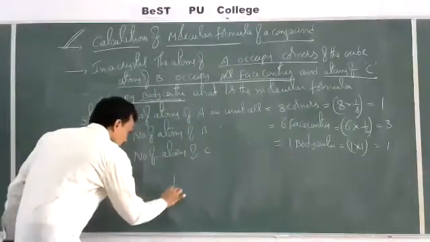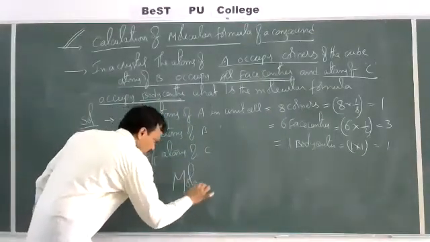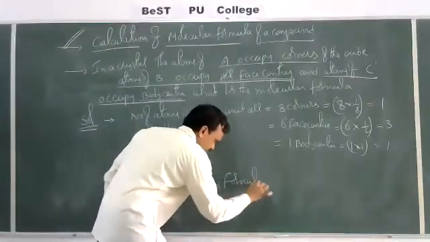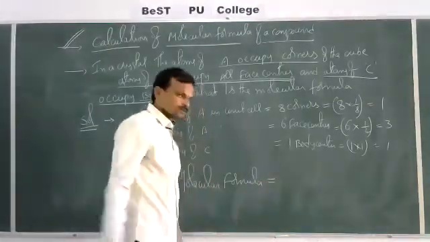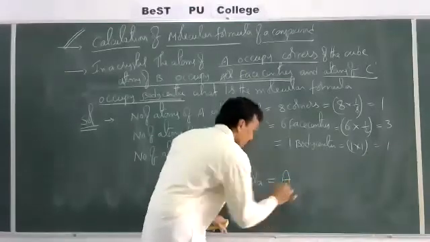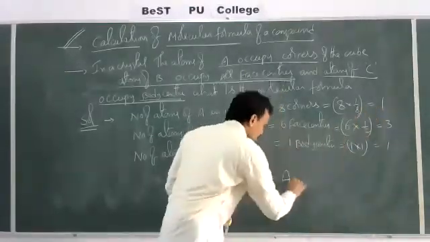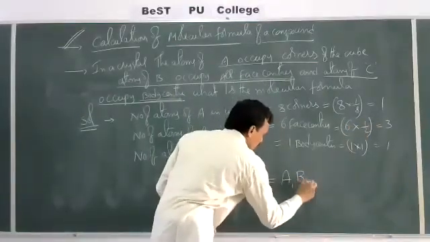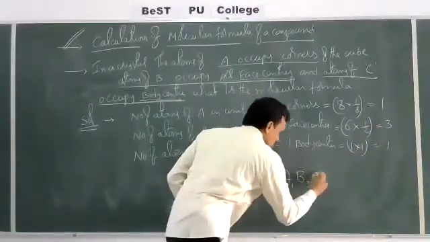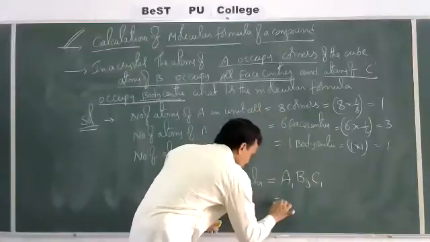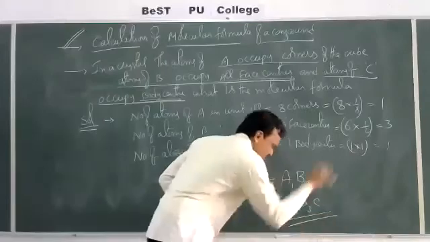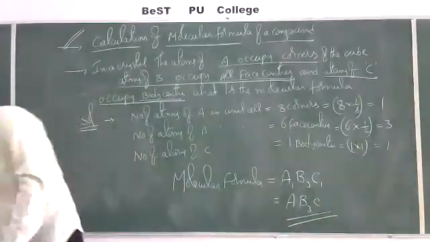Therefore, the molecular formula is equal to A, how many atoms of A are there? A1. How many atoms of B are there? 3, B3. Atoms of C is 1, C1. That means the compound formula is AB3C. This is the molecular formula of the compound.